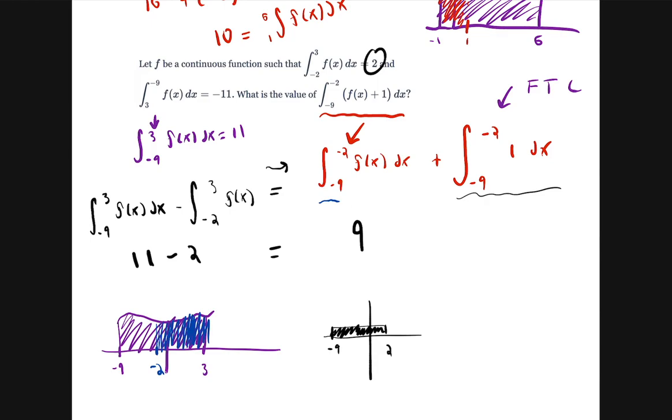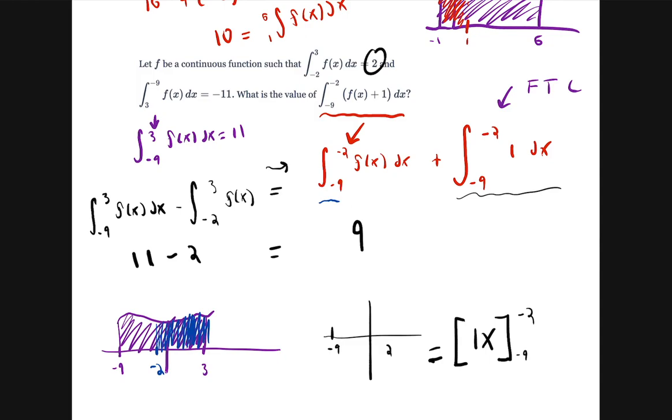But just to make sure we see this another way, using the FTC, this is going to be equal to the antiderivative of 1, which is 1x, from -9 to -2. Oh, it's to -2, not to +2. I was like, wait, that's 7.